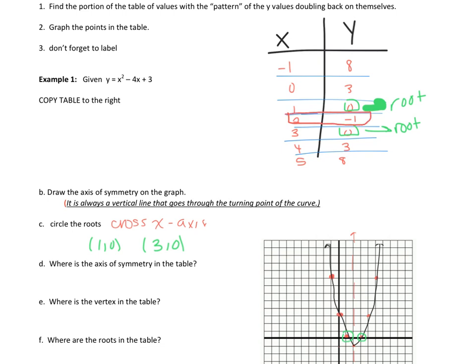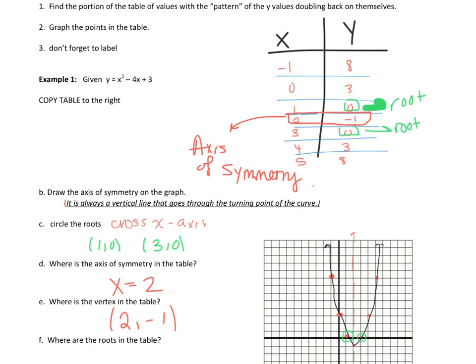So my axis of symmetry is right here. So it's that x equals 2. Where's the vertex in the table? The vertex is the non-repeating point. It's where your axis of symmetry is. So my vertex is (2, -1).